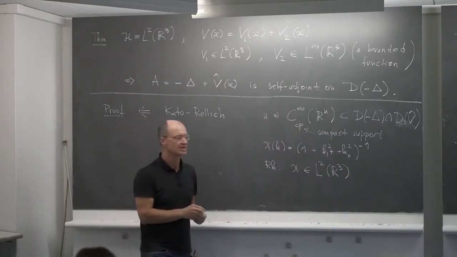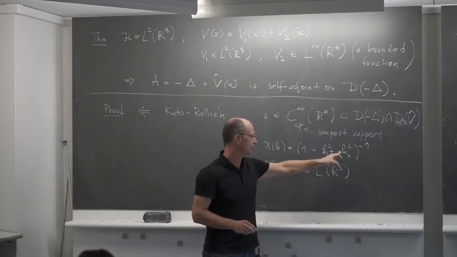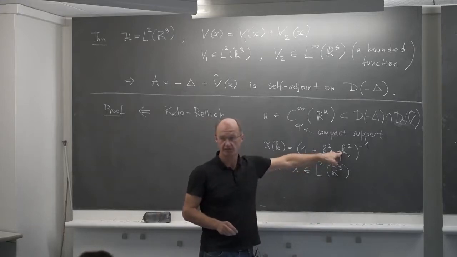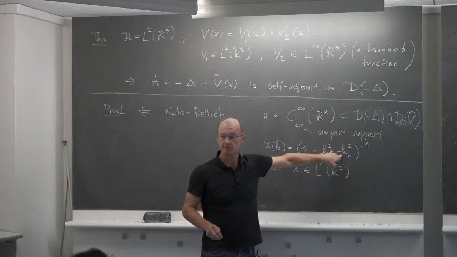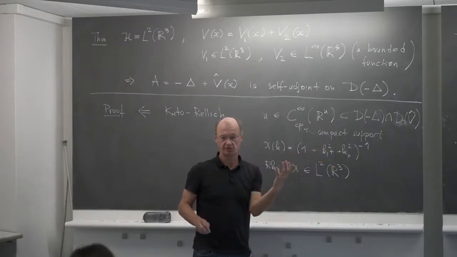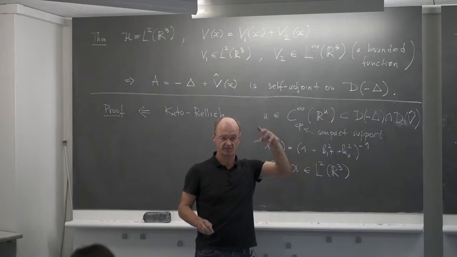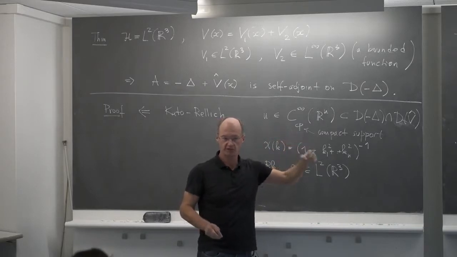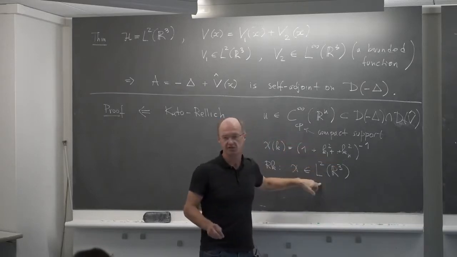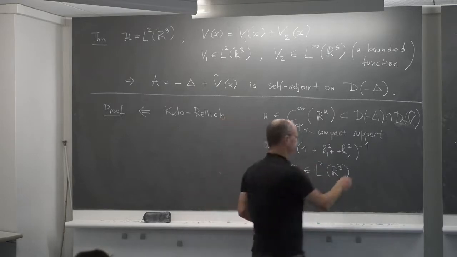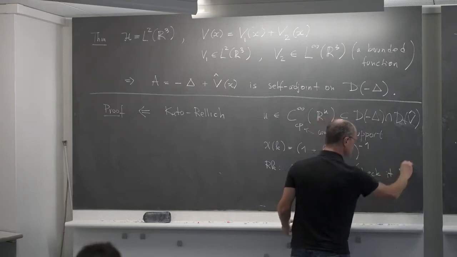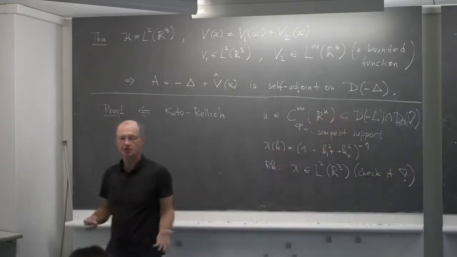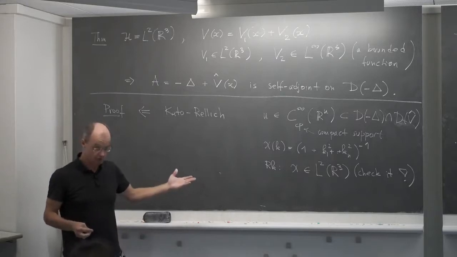Here it is 1 over k squared, the behavior at infinity. Now the behavior of the square is 1 over k to the 4th, and this integral in 3 dimensions has k squared dk, so this is like dk over k squared. So this concrete function is square integrable on R3.